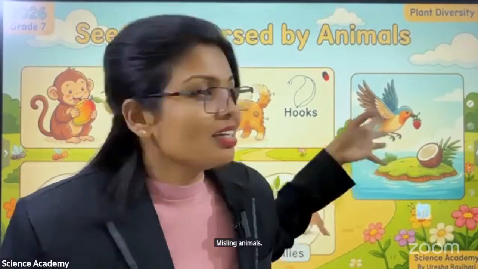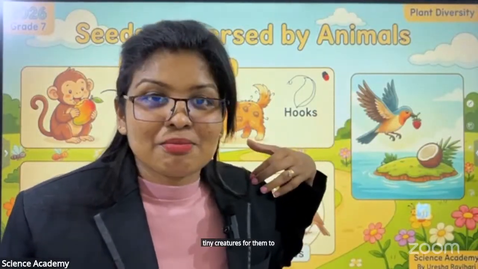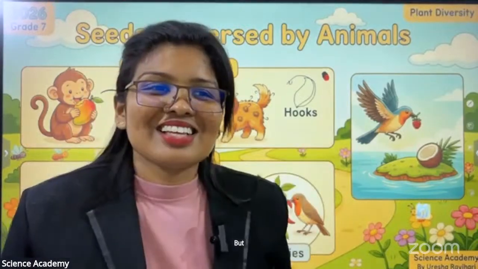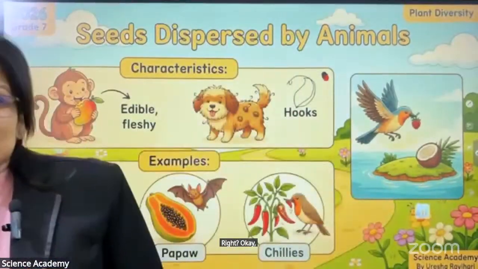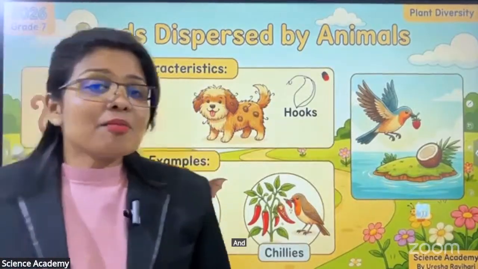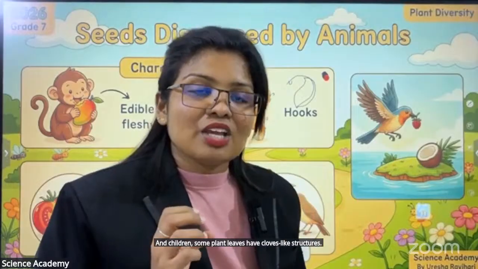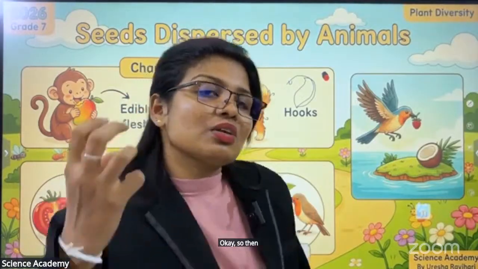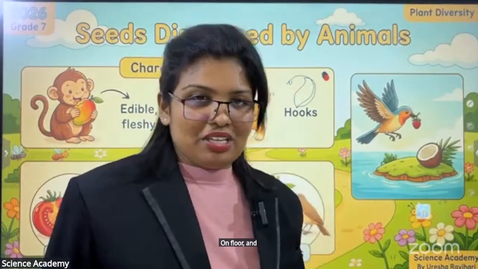Animals think that these are tiny creatures for them to eat. But children, these are seeds. So then what will happen? Animals catch these seeds and take them away. Likewise, children, some plant leaves have claw-like structures, so they can also hang on fur and be taken away.